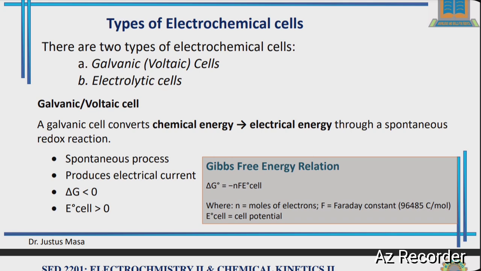So there is a chemical reaction occurring that is producing certain energy that pushes the flow of electrons. So I was talking about electrical energy coming in this system, and it's occurring in a spontaneous way. So there is production of electrical current, and it occurs when the Gibbs free energy is less than 0, or negative.